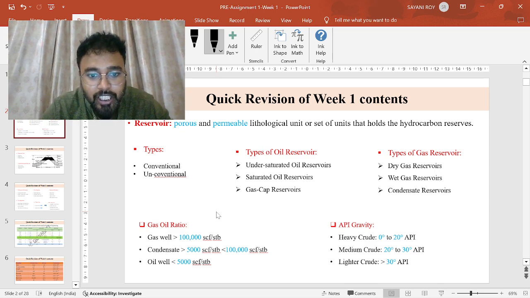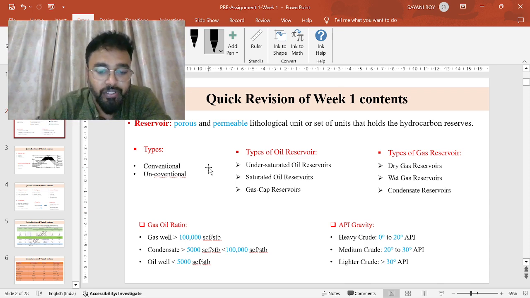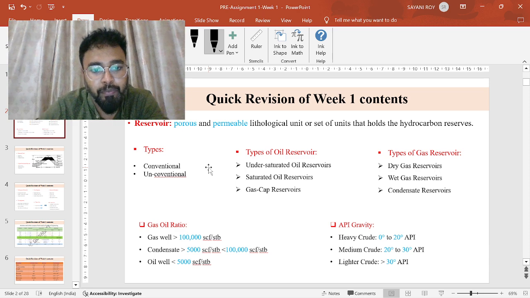This connection of the pores can be defined by a term called permeability. The more the permeability of the rock, the more the liquid can flow through this rock. So porosity and permeability are two main concepts in reservoir engineering.